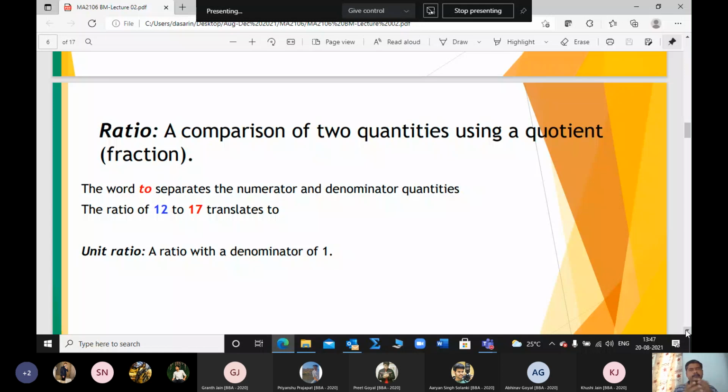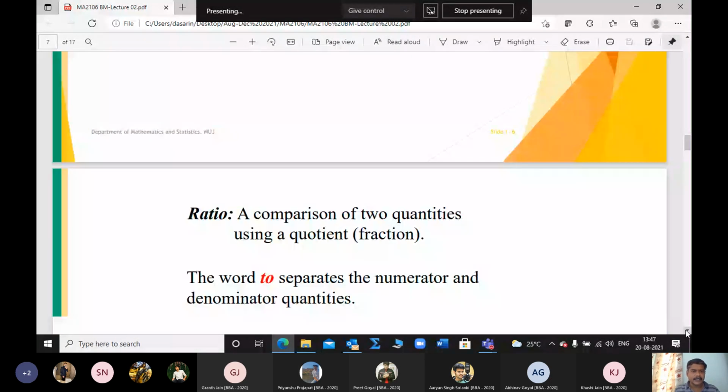In the textbook, the definition of a ratio is the word that separates the numerator and denominator quantity of two given quantities. So the ratio 12 to 17 translates as 12 divided by 17. Let us see that in detail in the next slide.